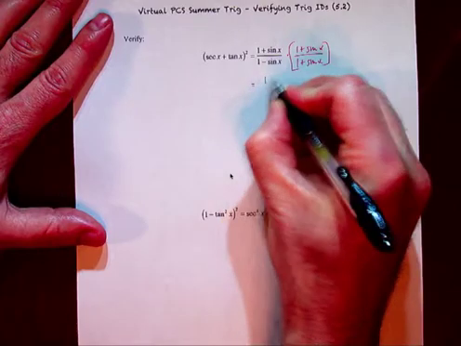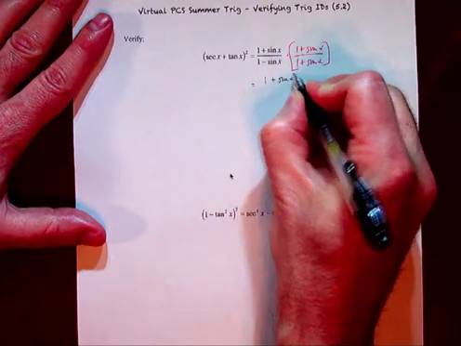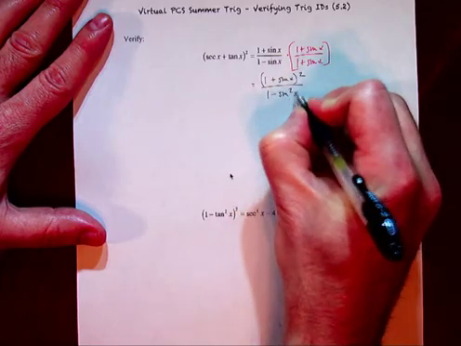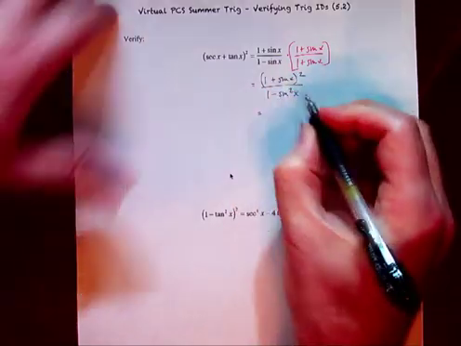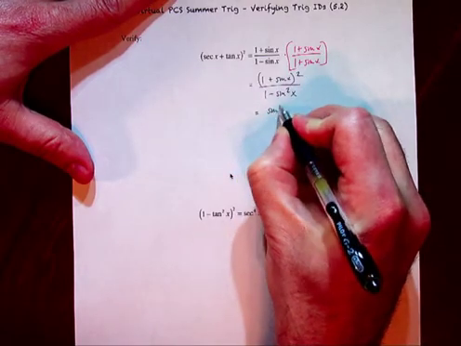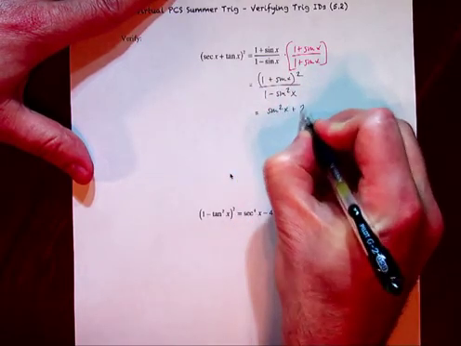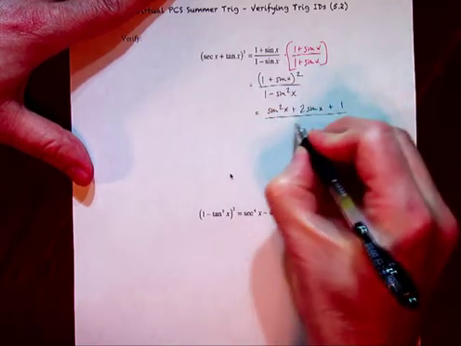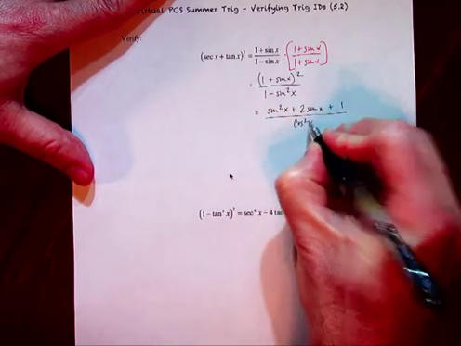We get 1 plus sine x squared over 1 minus sine squared x. This over here becomes sine squared x plus 2 sine x plus 1, all of that over cosine squared x.